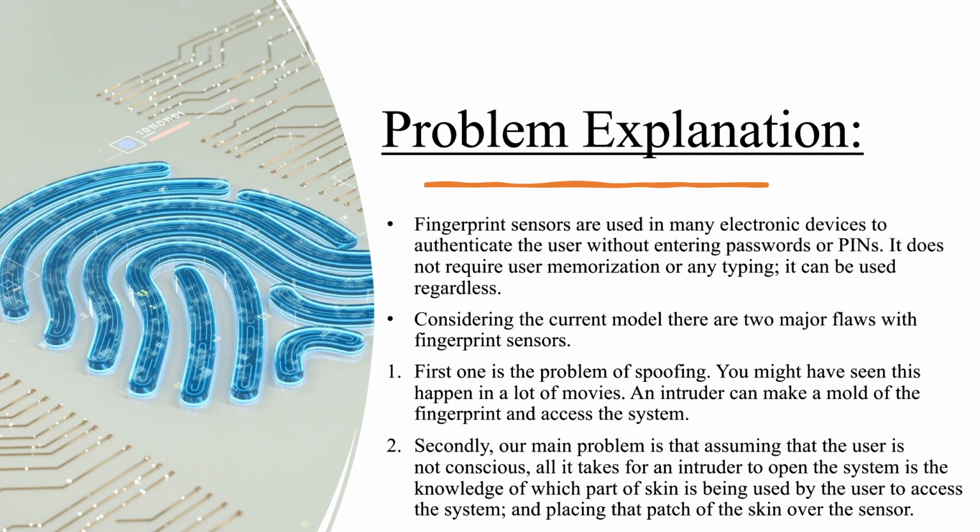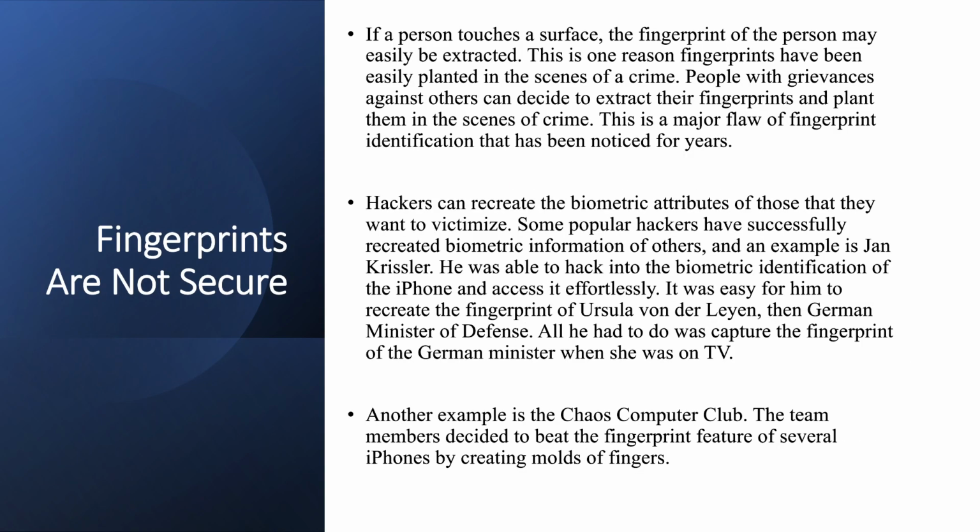For example, if the person is sleeping, the intruder could use their fingerprint to open the phone by simply knowing which finger they use and placing it onto the phone. The system wouldn't know that someone else is accessing the phone. As a result, we can say that fingerprints are not completely secure.